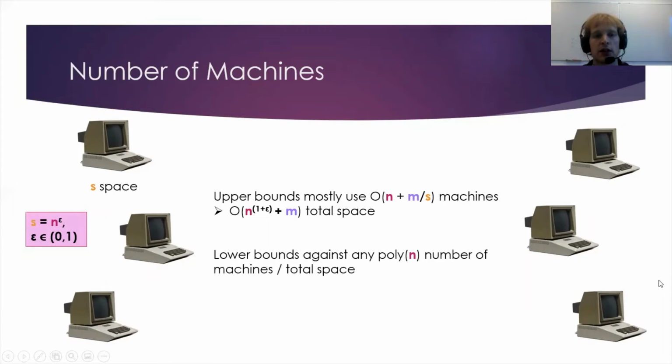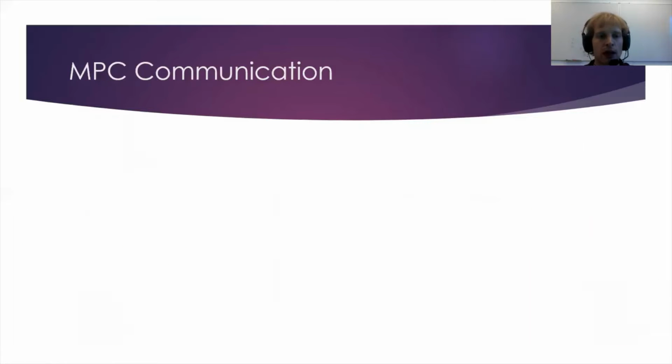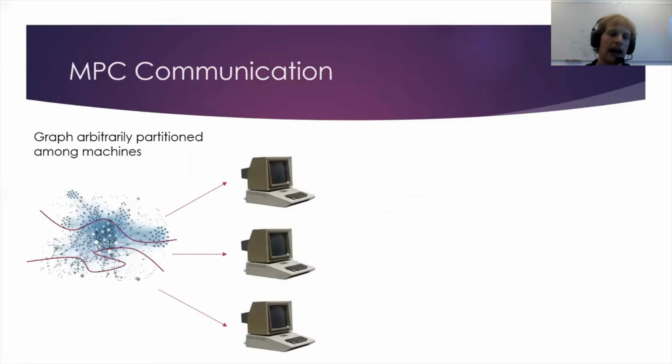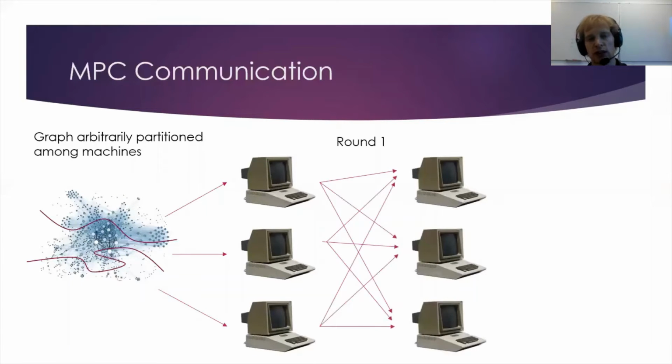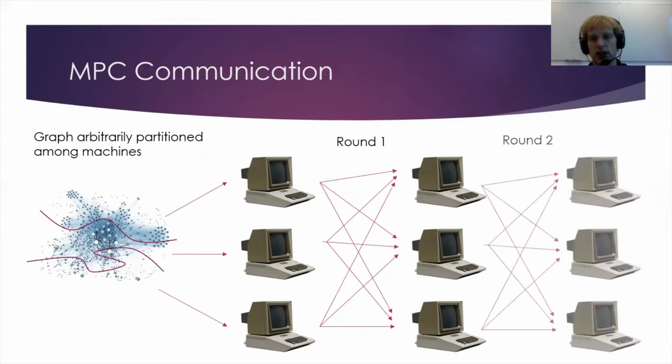So what happens when we run an MPC algorithm? We take our input graph and assume it's arbitrarily partitioned among the machines to begin with. Then each of these machines can do some local computation on the data they currently hold. Then there's a communication round where they send data to other machines, and we proceed with synchronous communication rounds.